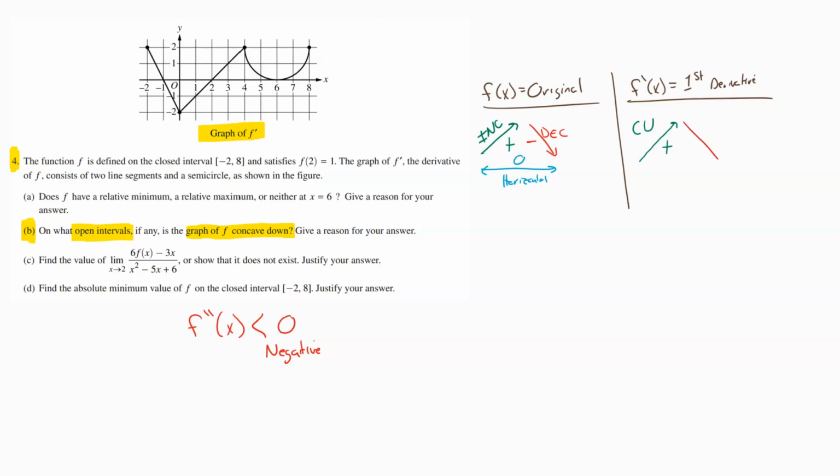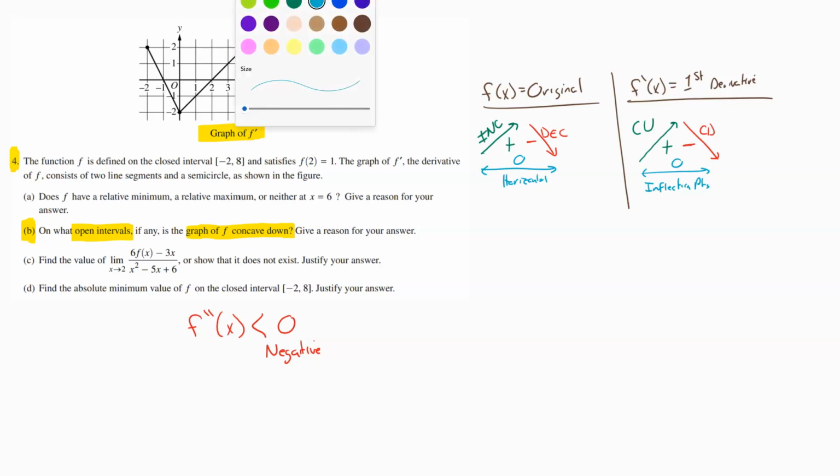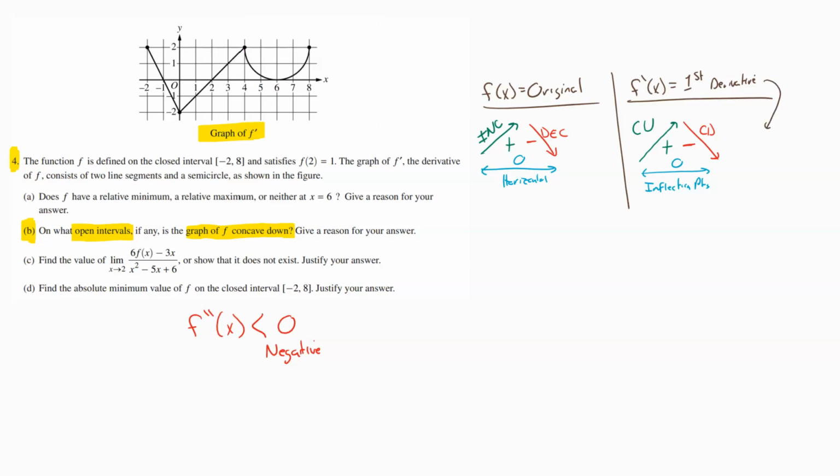Wherever that graph is headed down now, that's a negative second derivative, and that's where our graph would be concave down. And then wherever our graph would go horizontal, that would be a 0 second derivative, and those are possible inflection points. So we're going to be reading the first derivative information off of there, but that first derivative information is now really to be read as second derivative data.